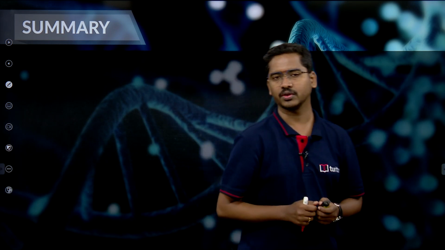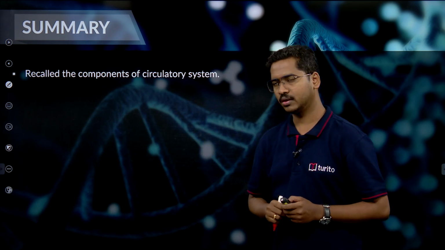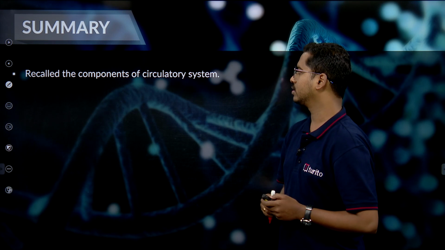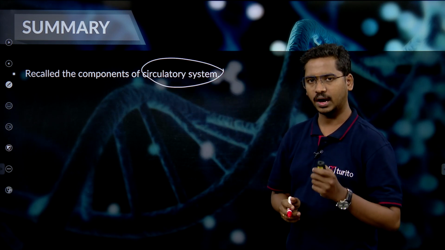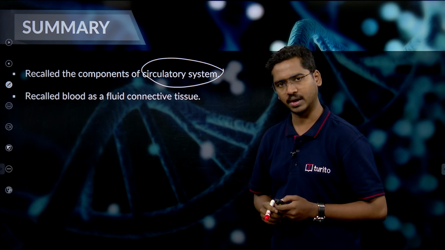So, let us recollect the topics we have done so far. First, we recalled the components of the circulatory system: heart, blood vessels and blood.